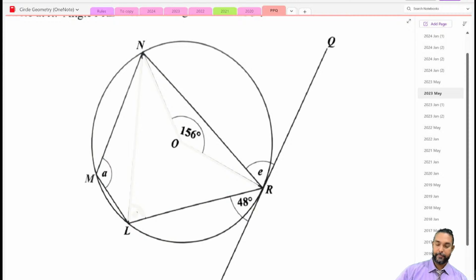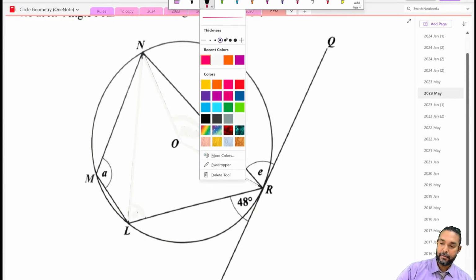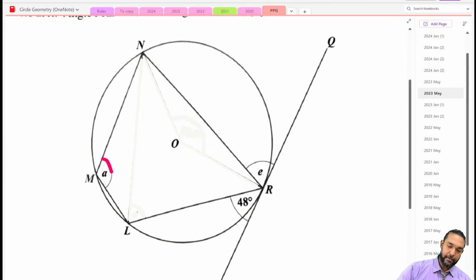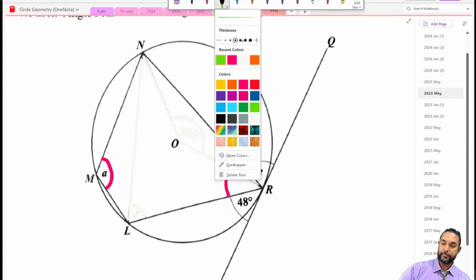Say it again for me, Khalifa. Angle A and this angle across here would be supplementary, because they are opposite angles of a cyclic quadrilateral. Very good.